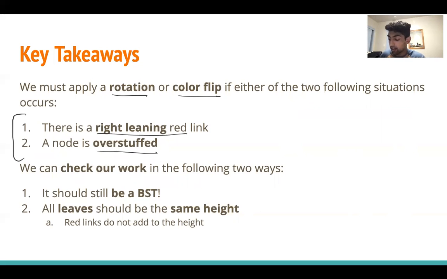Finally, we can check our work in a couple ways. Looking at an LLRB, it should still be a BST, right? What I mean by that is all of the nodes that are smaller must be to the left, all of the nodes that are bigger must be to the right, okay? And then the last way of checking our work is that all leaves should be of the same height. Recall in a 2-3 tree, this is the case, and an LLRB is representing a 2-3 tree.